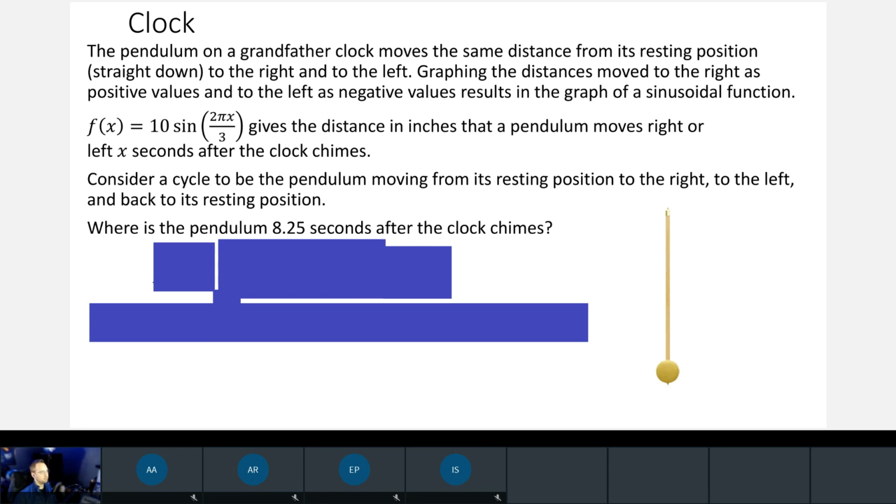All right. So everyone try to figure this out. I'm going to give you all, say, 1 minute, ready to go.